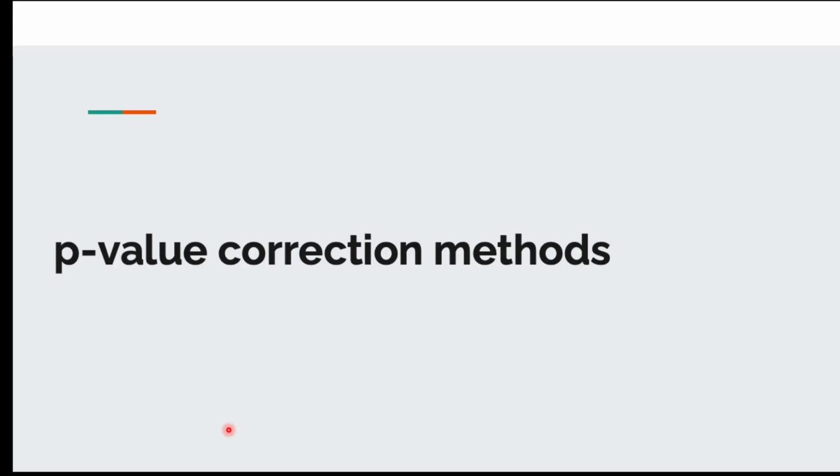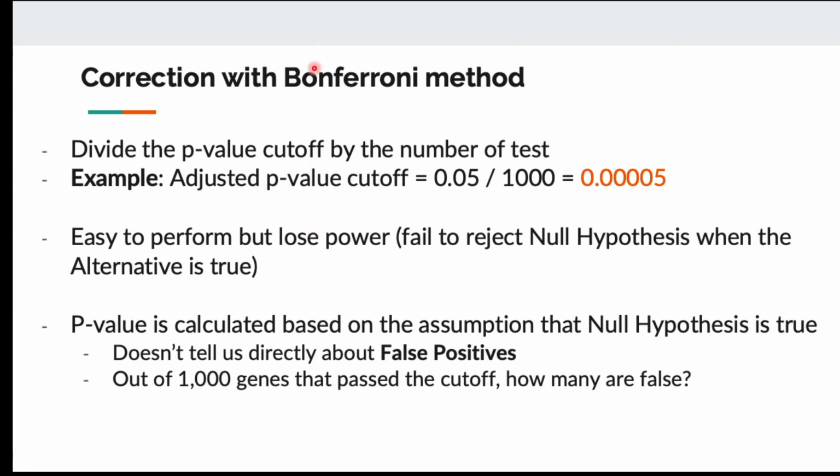Okay, and for the p-value correction, last time we already mentioned how important this is when you have many tests, like from GWAS. At that time, we focused on the simplest technique, the Bonferroni method. With Bonferroni, we just divide the p-value cutoff by the number of tests.